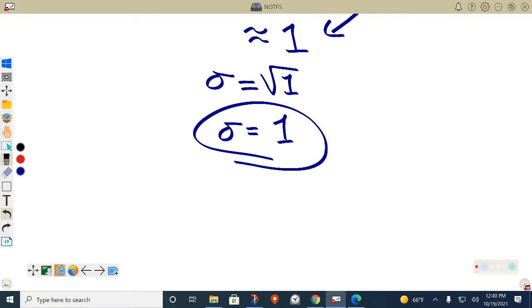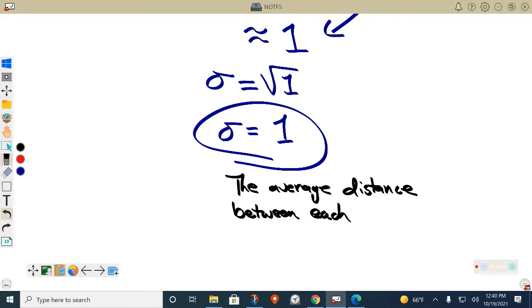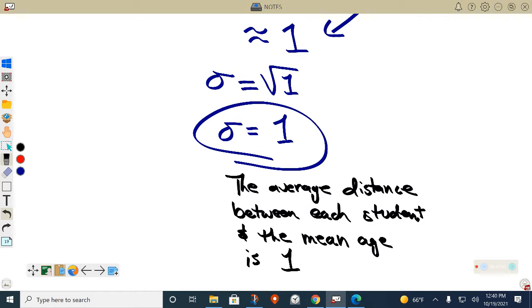You gotta know what it means. 1 means the average distance between each student and the mean age is 1.